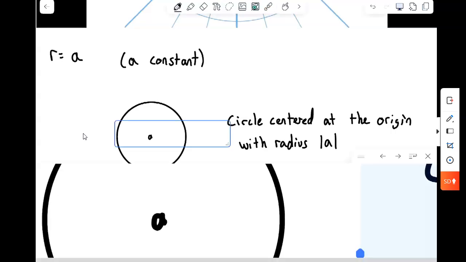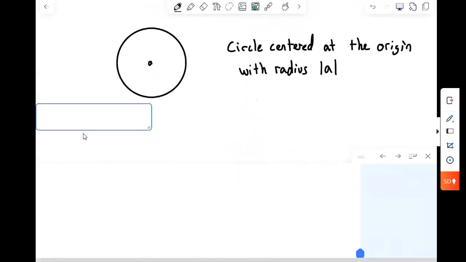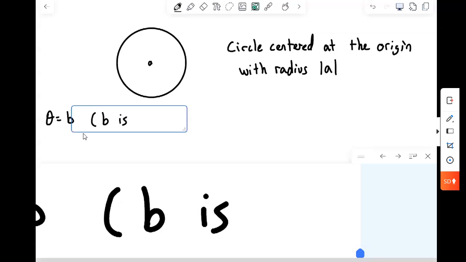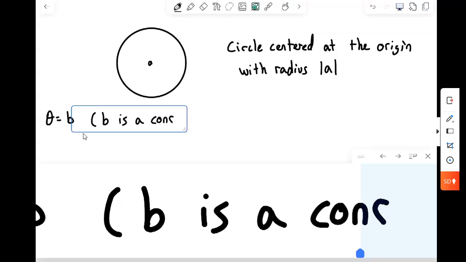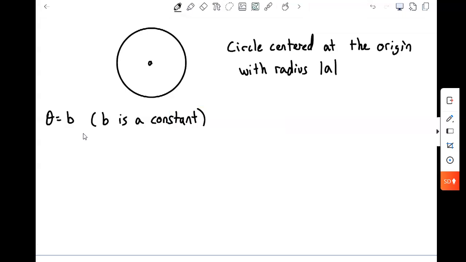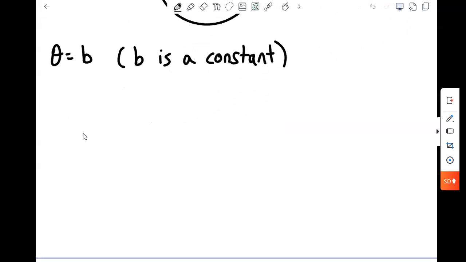If, on the other hand, theta is equal to some constant, so here theta equals b, where again b is a constant, now the theta is fixed, and the radius is allowed to vary as much as it wants.